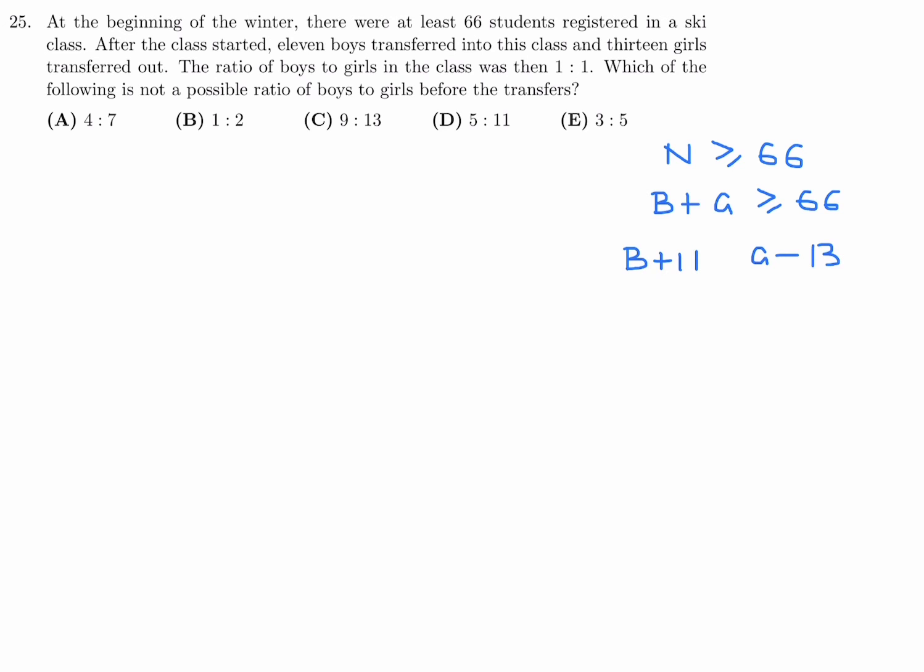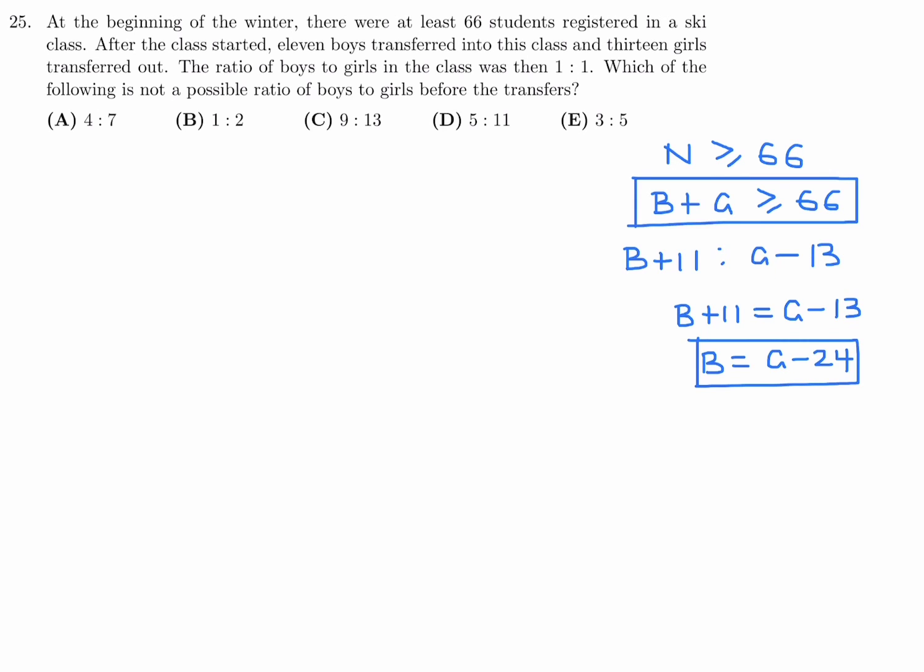And when it does, this ratio becomes 1-to-1. So that basically means that b plus 11 is equal to g minus 13. And if you put everything on one side, you get b is equal to g minus 24. So this is a very important formula. But we also know that b plus g has got to be greater than or equal to 66.